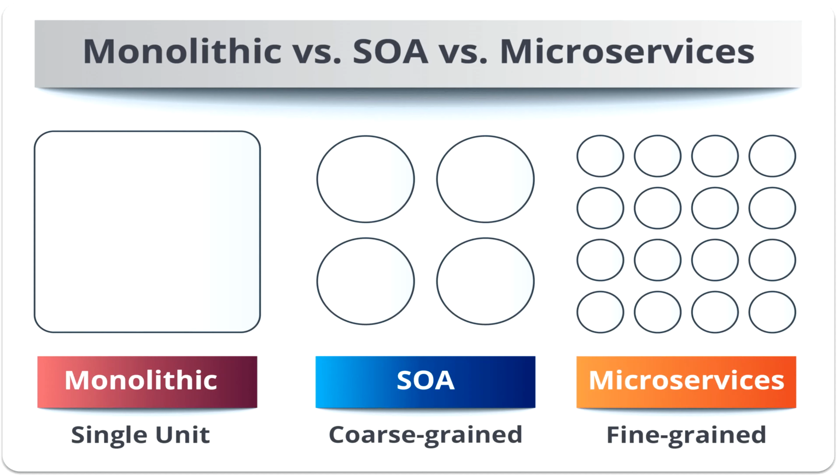So let's just have a brief intro regarding these three, guys. So monolithic, here you can see monolithic is nothing but a single unit. So the application which is developed using this monolithic architecture services, guys, it's very easy to develop, guys.